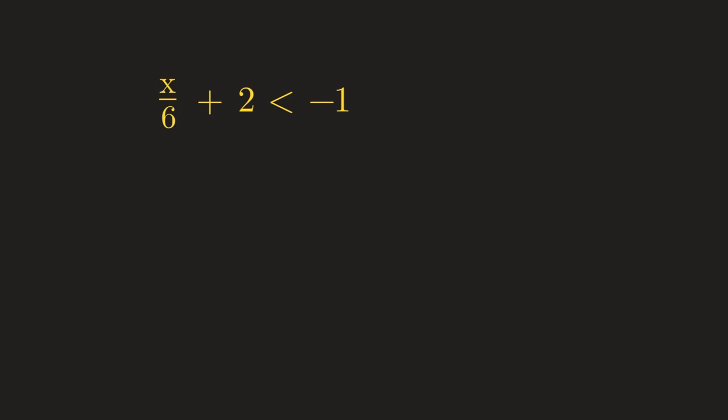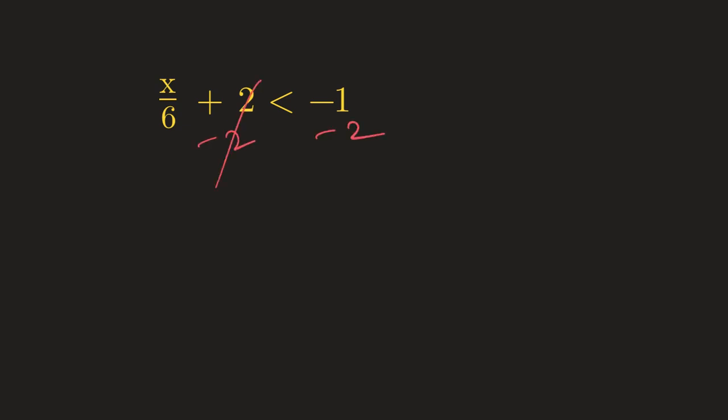Let's take a look at this one. Let's throw a little bit of a fraction in there. x over 6 plus 2 is less than negative 1. What are we going to get rid of first?